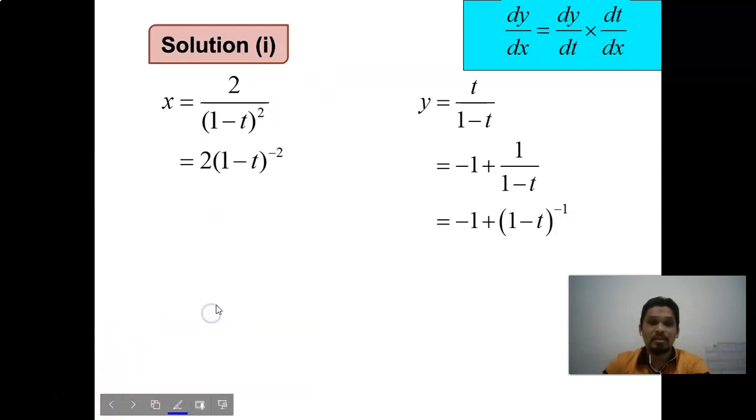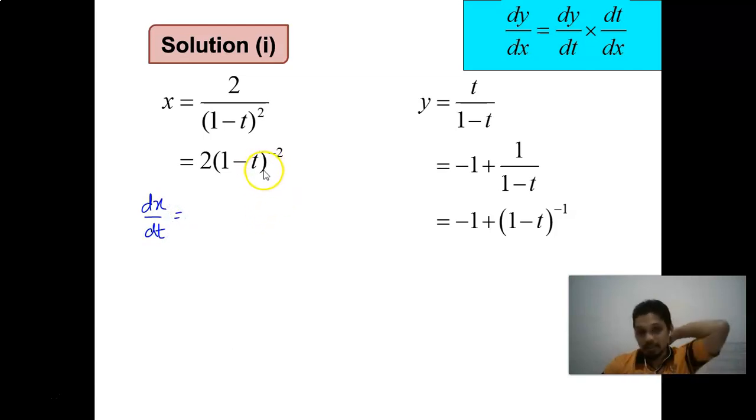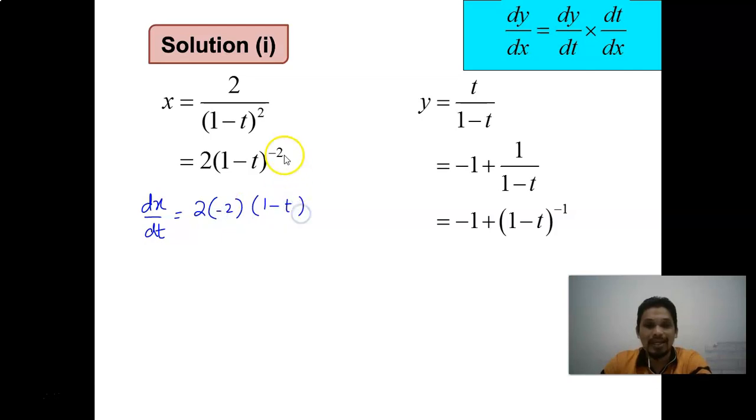But right now, let's just use this one here. So dx/dt equals 2 and negative 2 multiplied with 2, (1 minus t) to the power of negative 2 minus 1 equals negative 3.